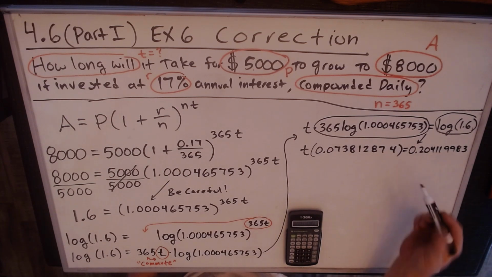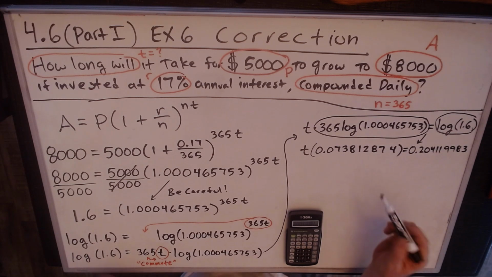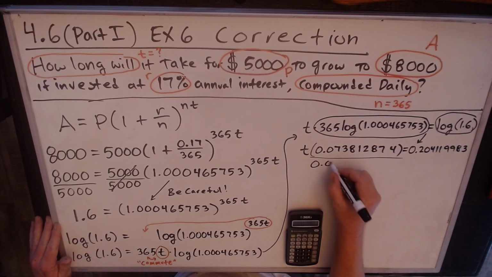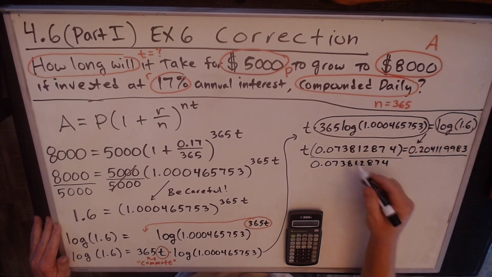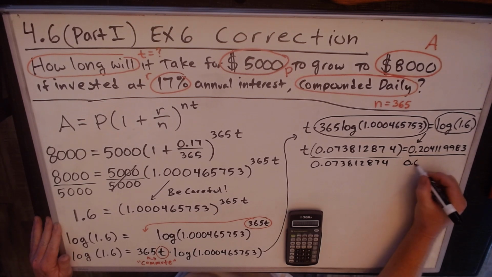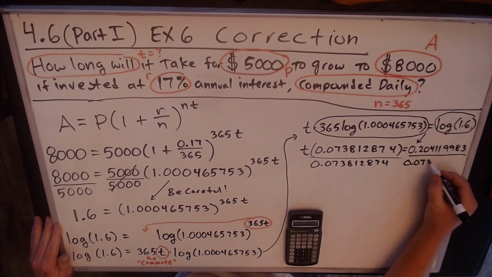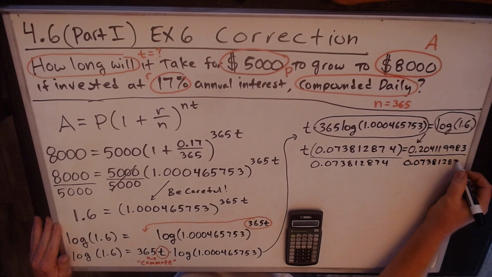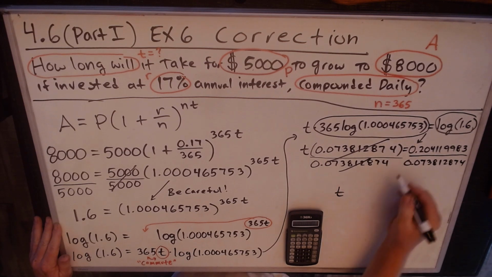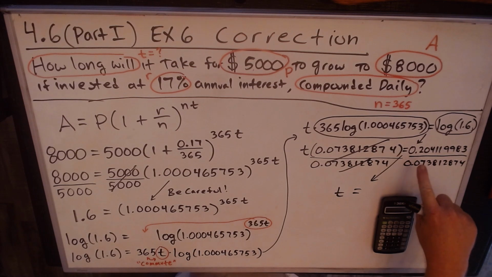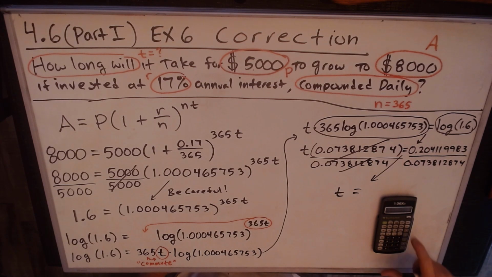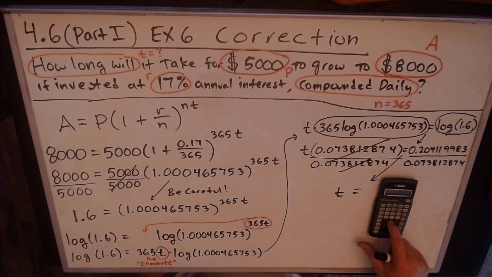Okay, now it's basically a linear equation in one variable t, so we just divide both sides by the coefficient. And again, I know I say this a lot. If you already have these values stored in your calculator, you can just press divide and you're good to go. Okay, so I've got 0.20411, et cetera, divided by 0.073812874.